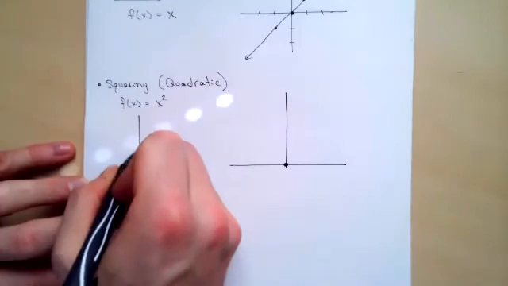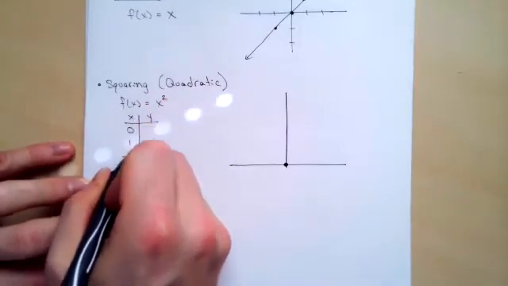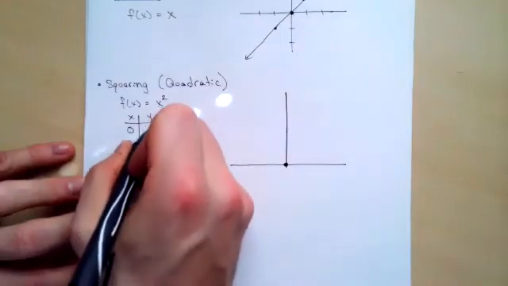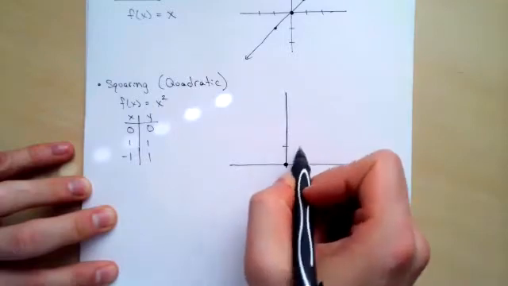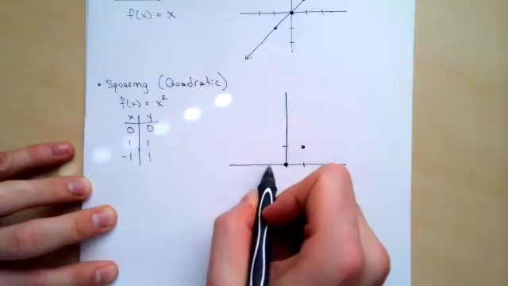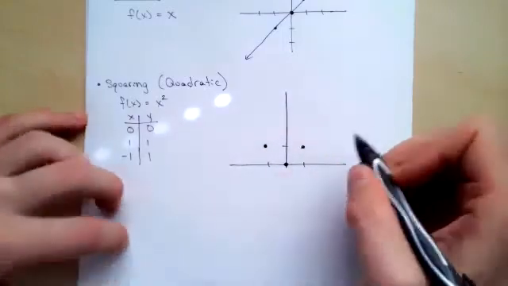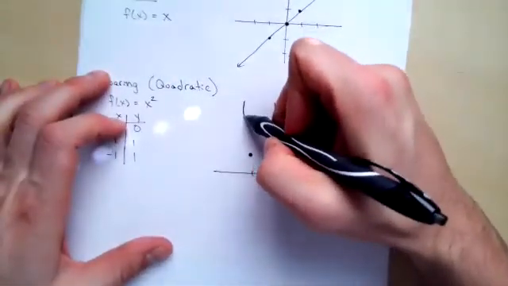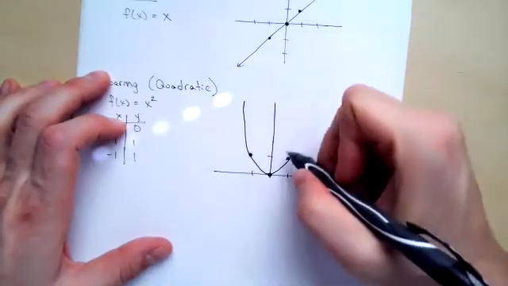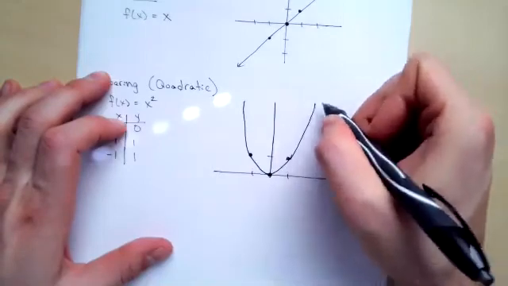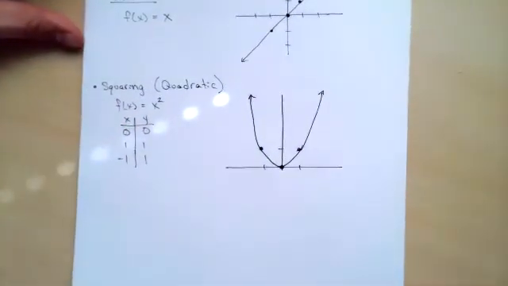And if you want, we can always make a table for all of these guys. So our x, y, 0, 1, minus 1 are always good points. So (0, 0), (1, 1), and (-1, 1). And our parabola is going to look something like that.